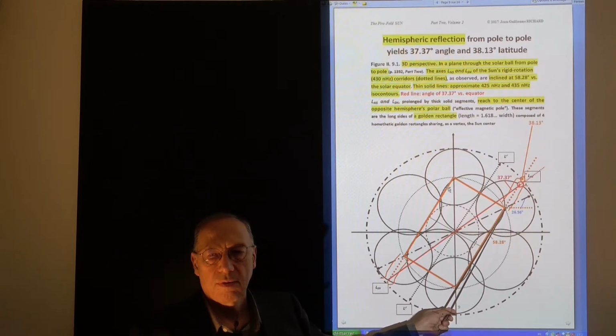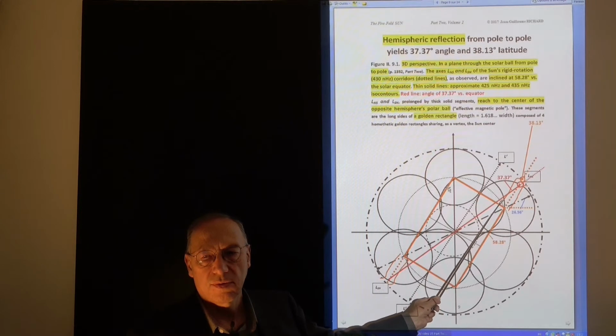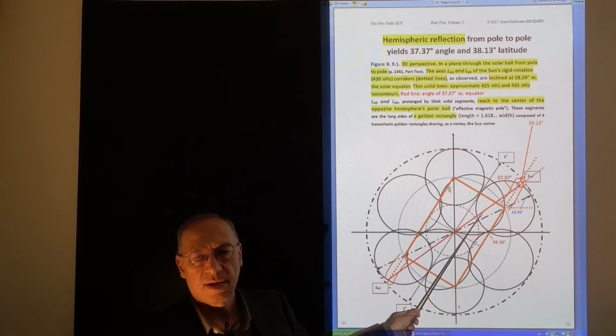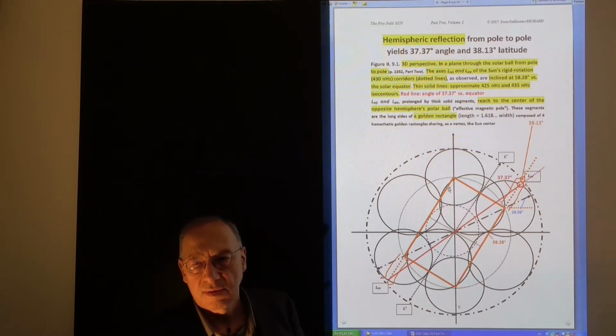The prolongation of this line through this outer ball cuts the surface of this outer ball on a line, this red line, that corresponds to an inclination of 37.37 degrees versus the equator.